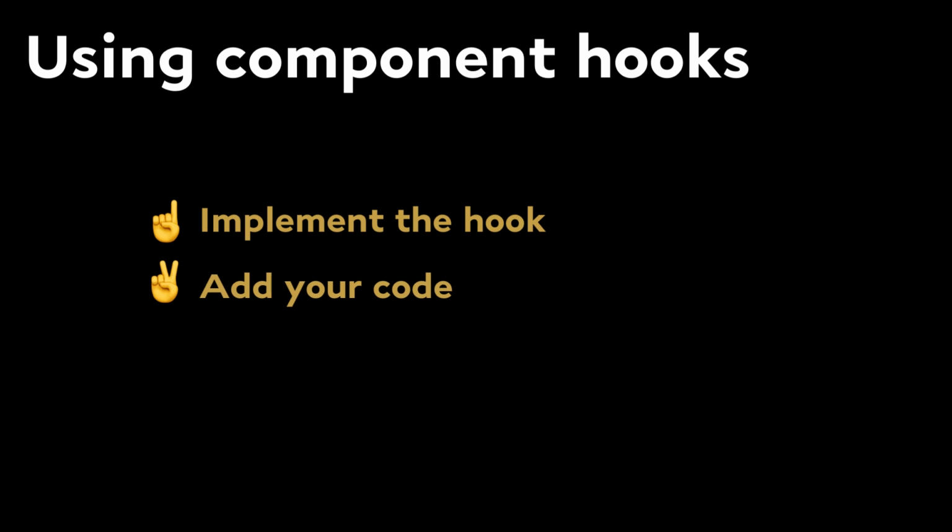Alright, now how can we hook into these phases? It's pretty simple. All we need to do is first implement the method or the hook in our component and add our own code and instructions.